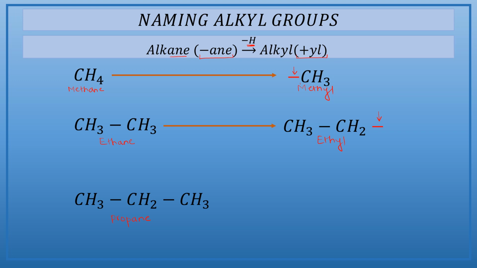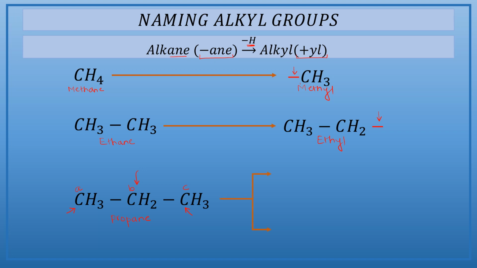Let me mark the carbon atoms as A, B and C for your reference. Now if we remove a hydrogen atom from carbon A or carbon C, it will result in the same group. However, if we remove hydrogen from carbon B, then it will result in a different group.